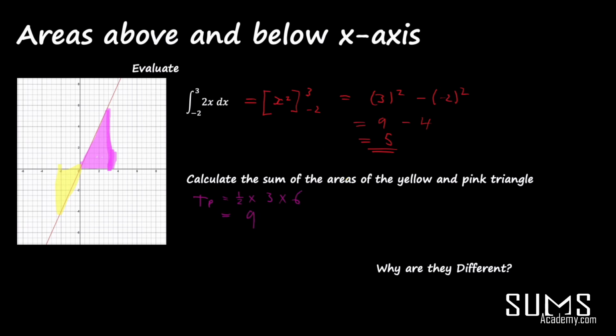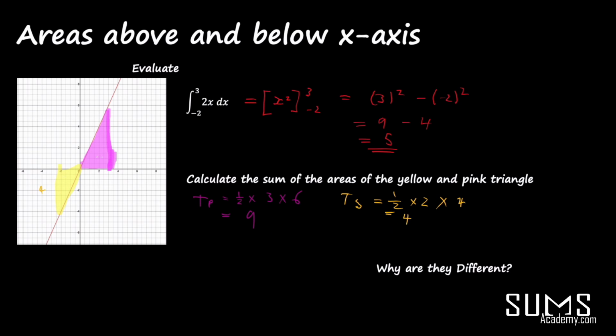And then T yellow is equal to 1/2 times 2 times 4. And you see, it's just 4 because we're just measuring this as an absolute length. We're not worried about it being negative. This is still 4 units long objectively, if that makes sense. It doesn't matter what direction it's pointing in. So this equals 4.